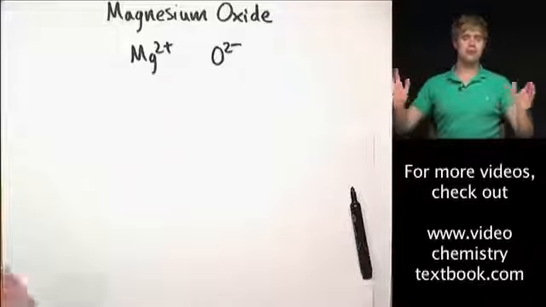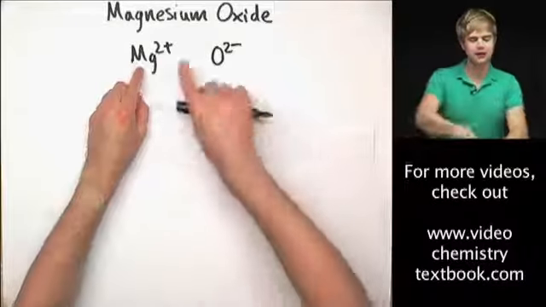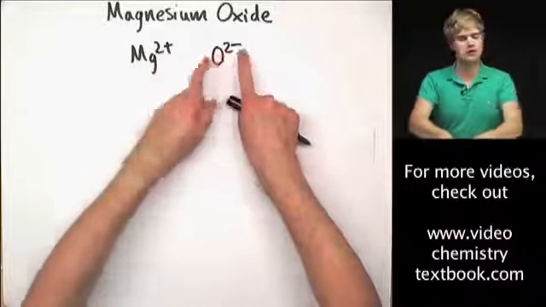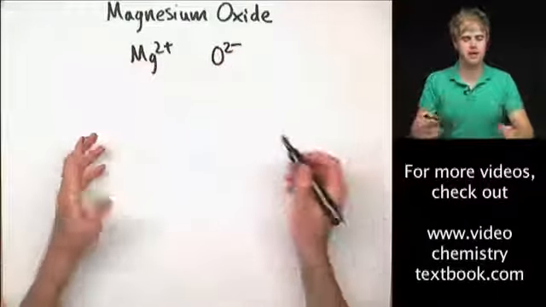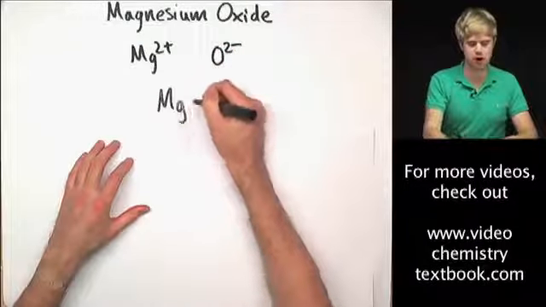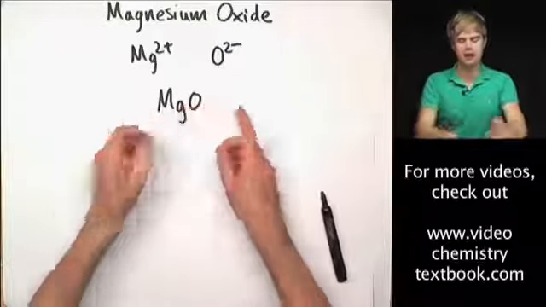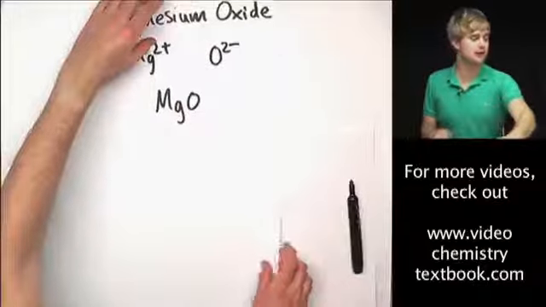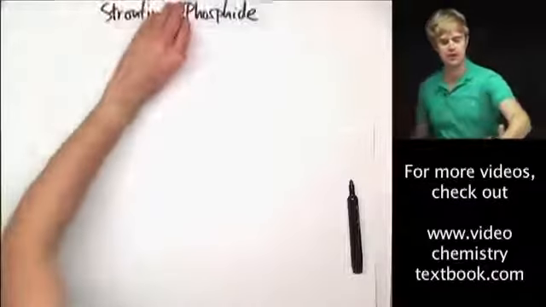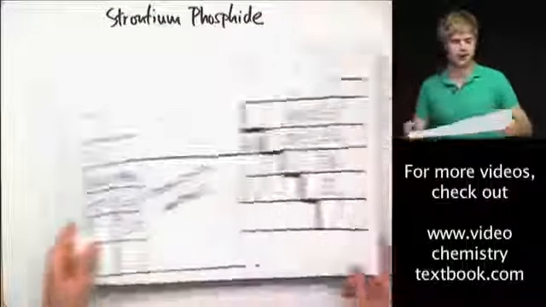Oh, they're already balanced out. I have 2+ here and 2- here, so I don't have to add more of either one of the atoms. So I can just write MgO. Remember, don't write Mg1O1. Without a number here, it just means you have 1 atom. So that's magnesium oxide.